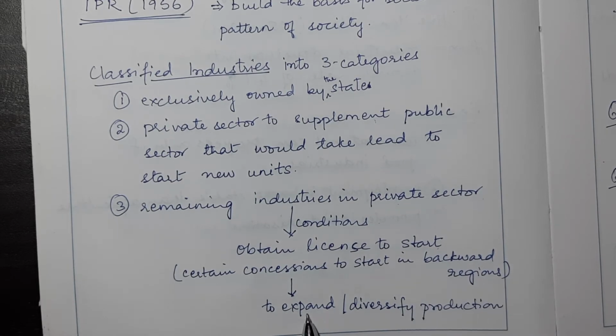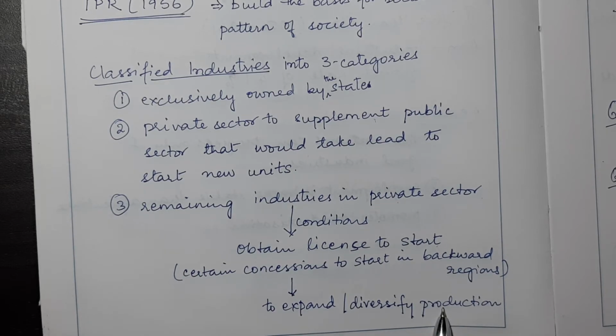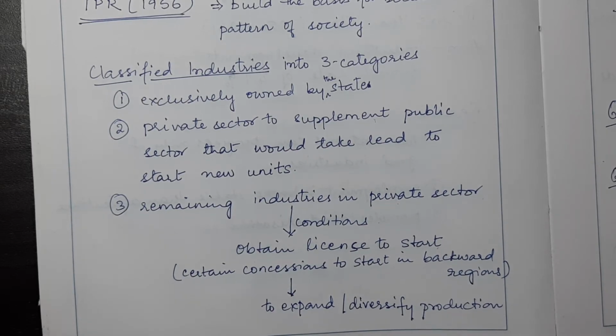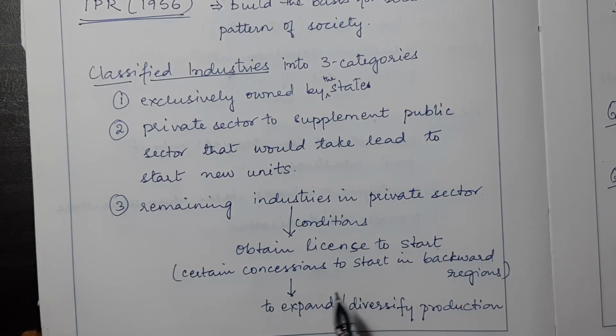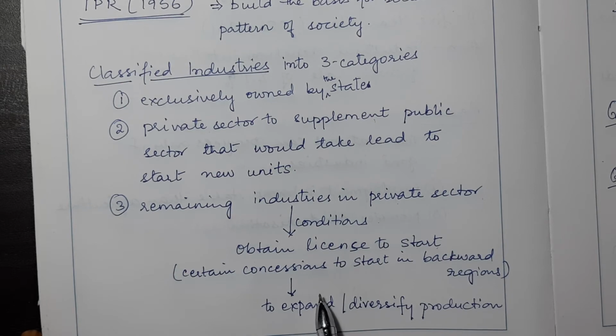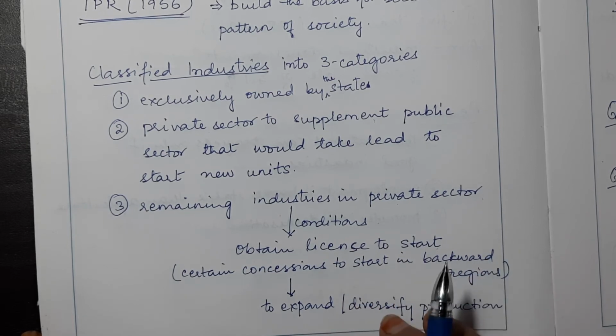If the private sector units wanted to expand or diversify their production, they also had to obtain a license from the government. It was very easy to obtain a license if the industrial unit was established in an economically backward area. They would also get tax benefits, electricity at lower tariff, etc. This policy was only to promote regional equality.